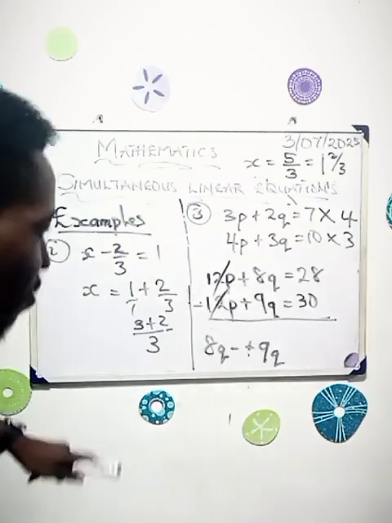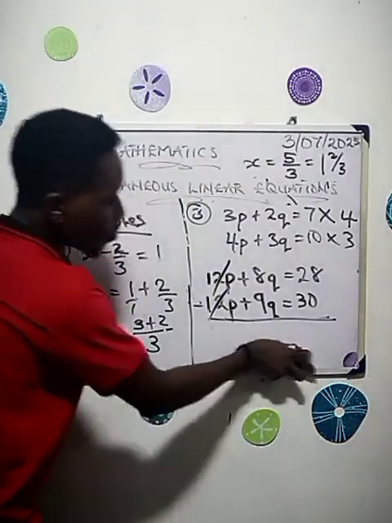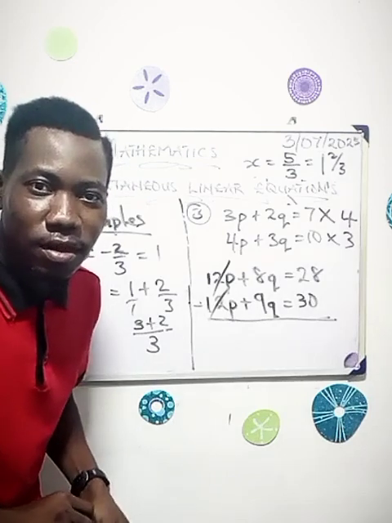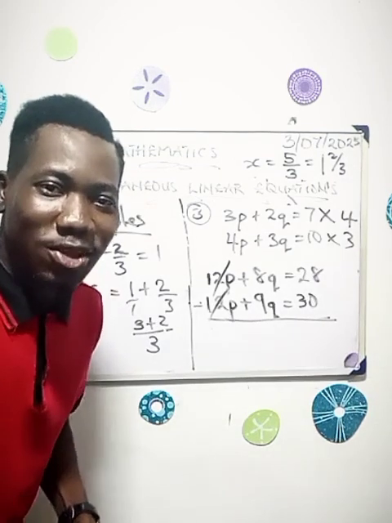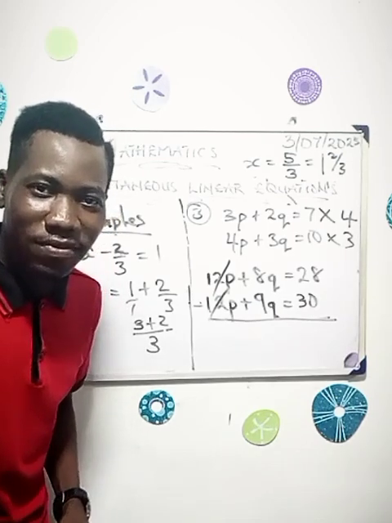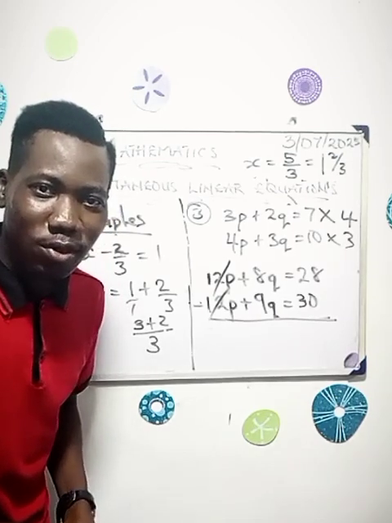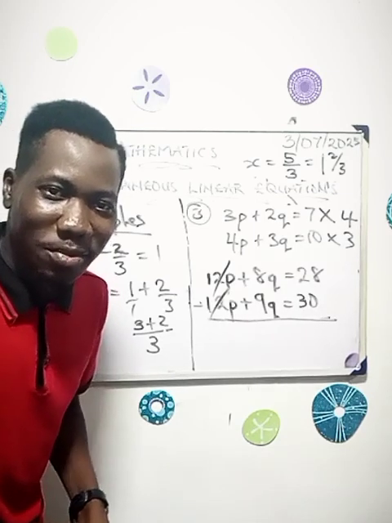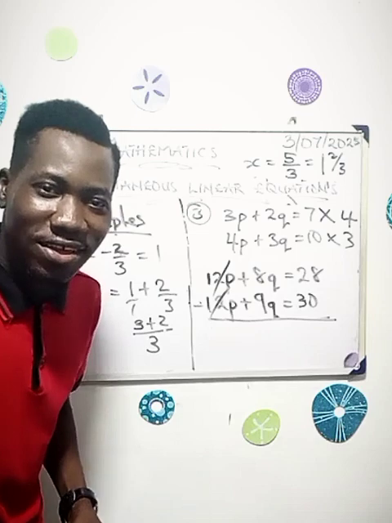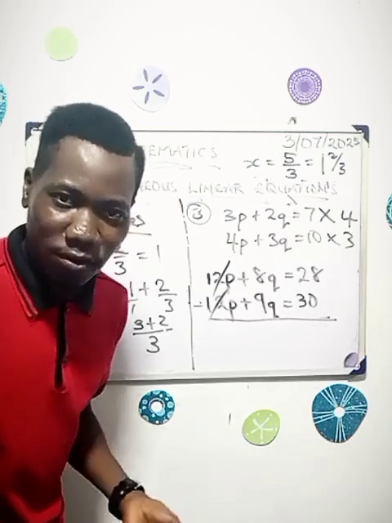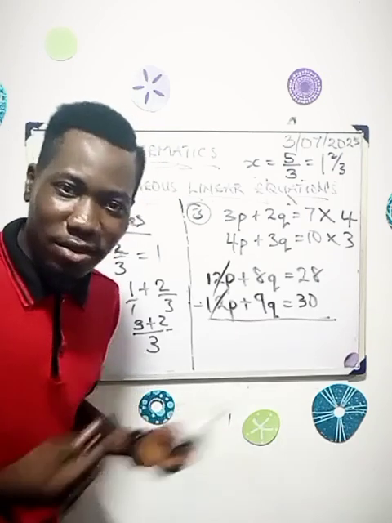So what is 8q minus 9q? Don't forget your q. It's not minus 1. If I said 8 minus 9, that's minus 1. But I said 8q minus 9q.